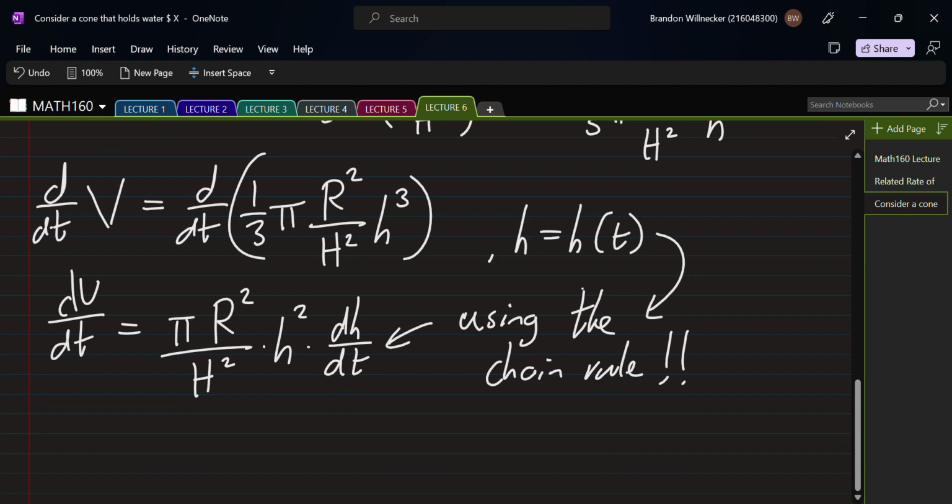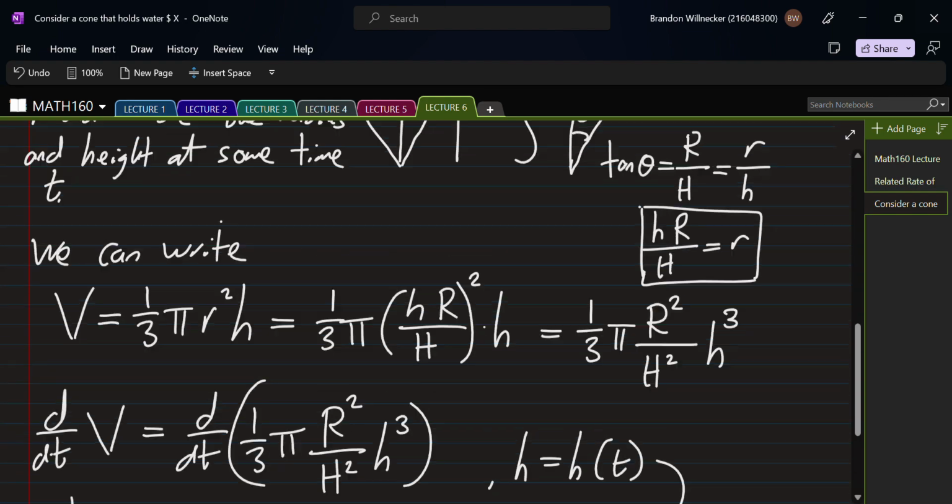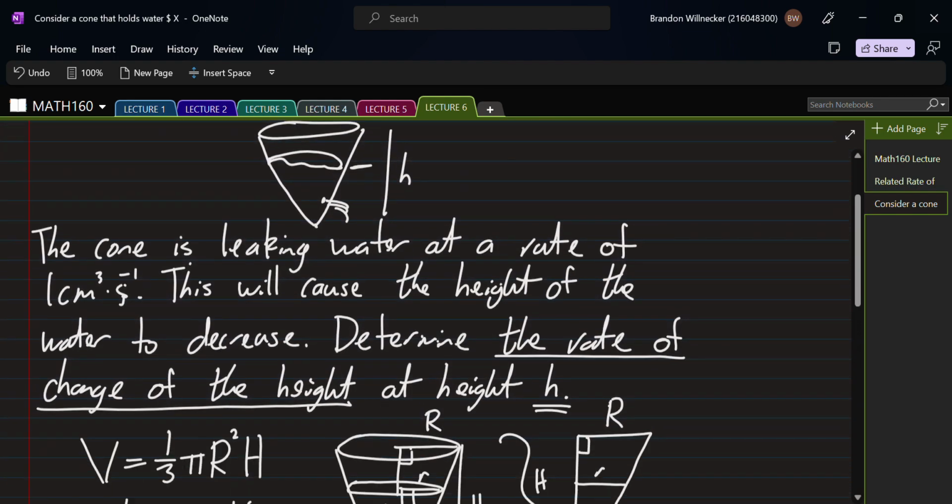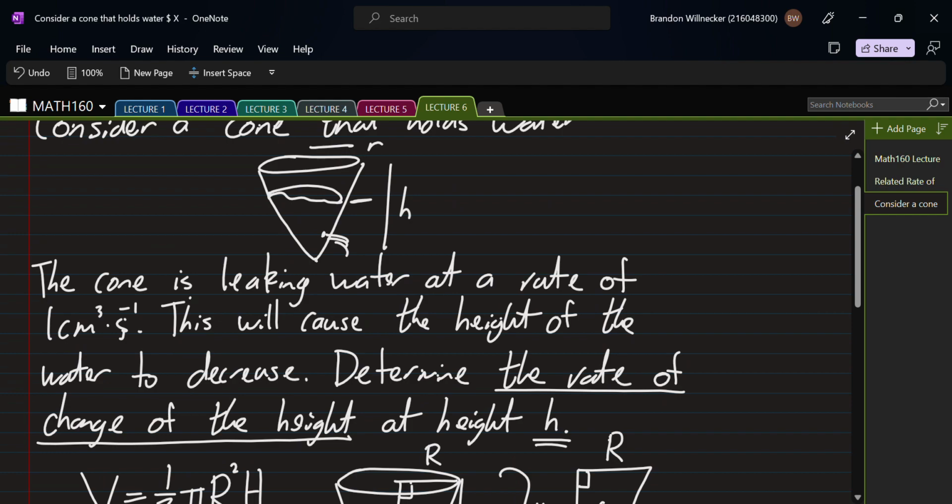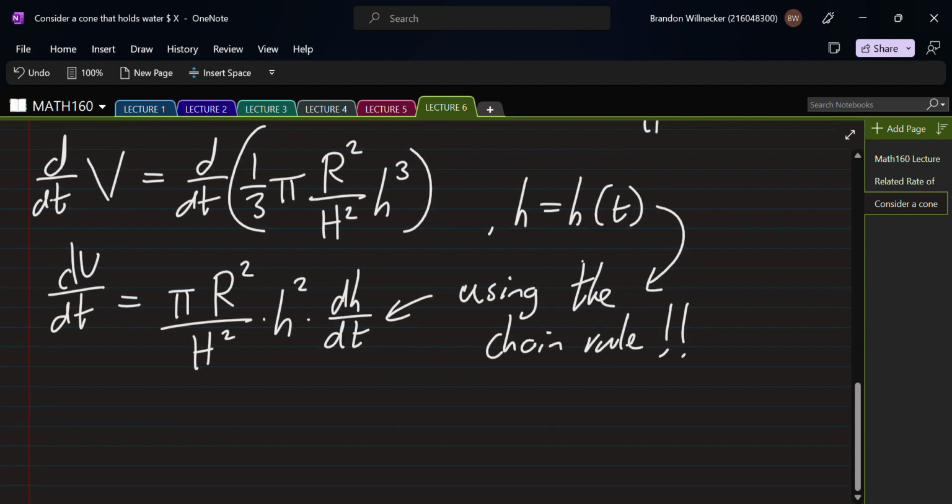Now, what we want is to solve for dh by dt, and we can substitute for dV by dt, because we know that the rate of change of the volume is 1 centimeter cubed per second. So our dV by dt is -1.